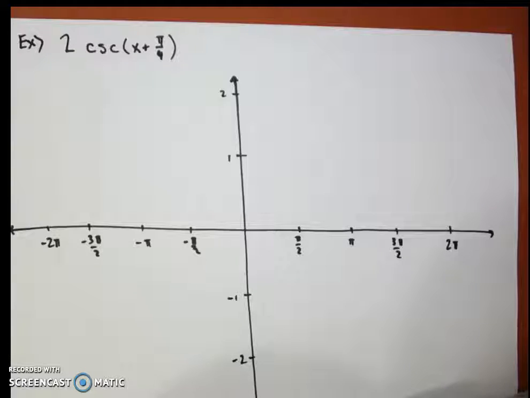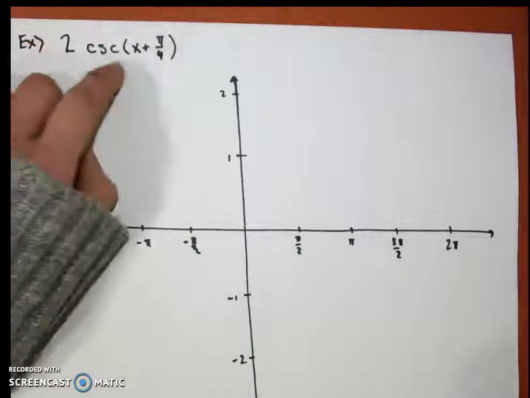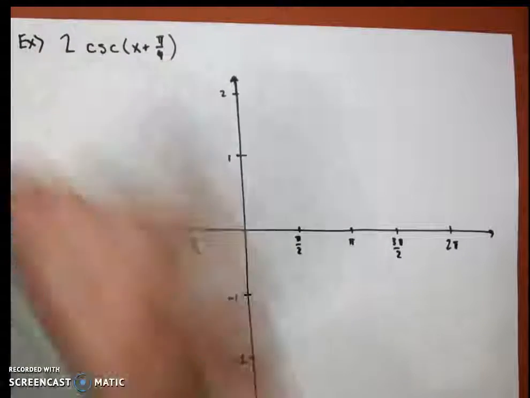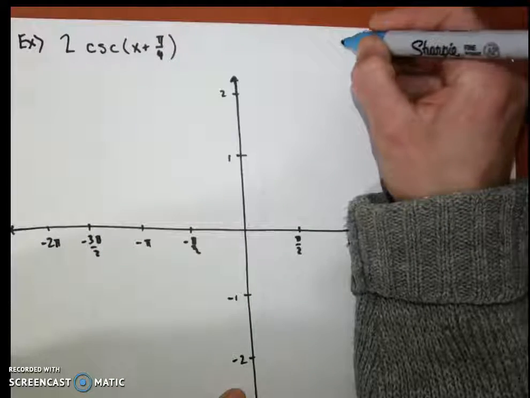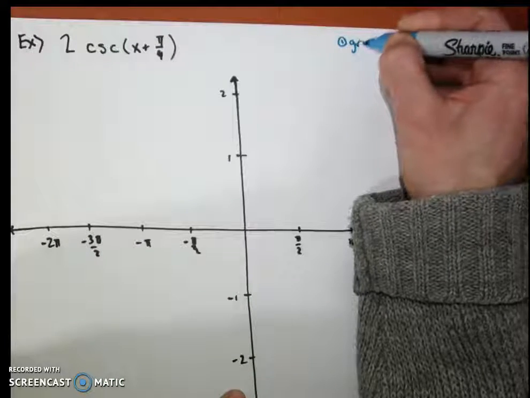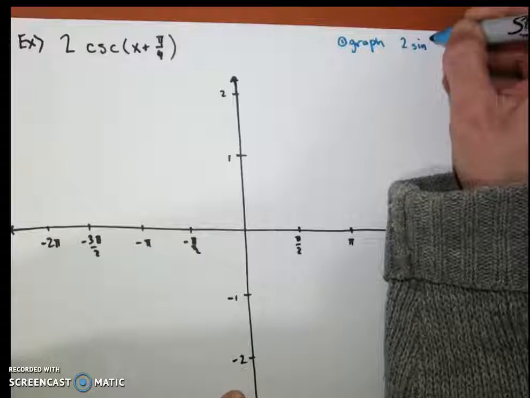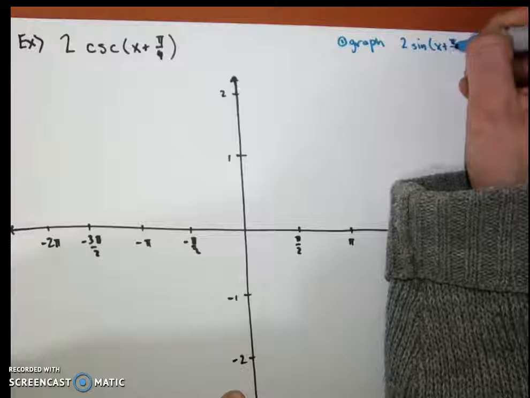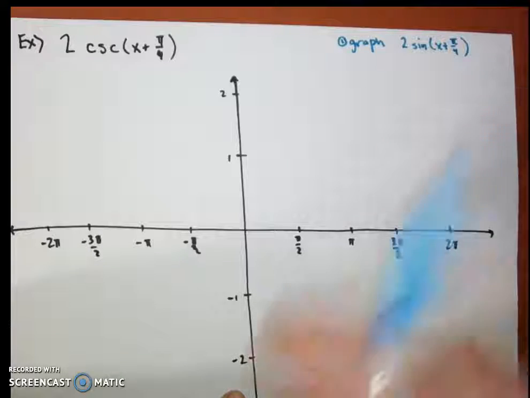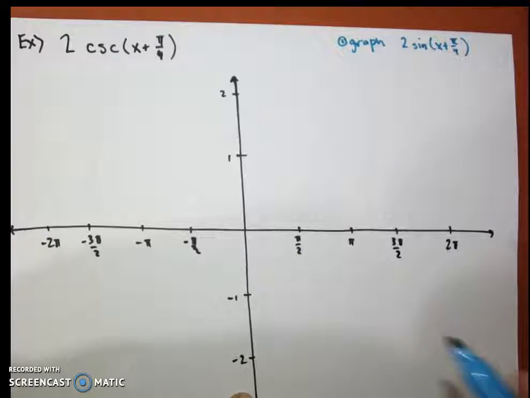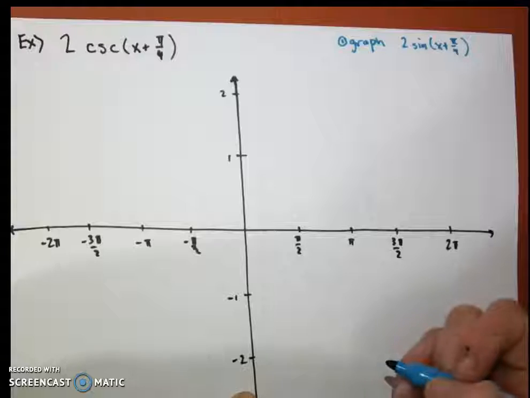But I can't just use 1 over sine because I have this x plus pi over 4 and this 2. But what I can do is graph 2 sine of x plus pi over 4, and then I'll do the same thing I did before. I'll draw in my asymptotes and I'll make my u's by turning maxes to mins and mins to maxes.